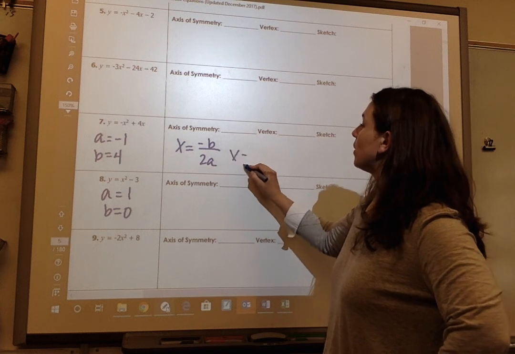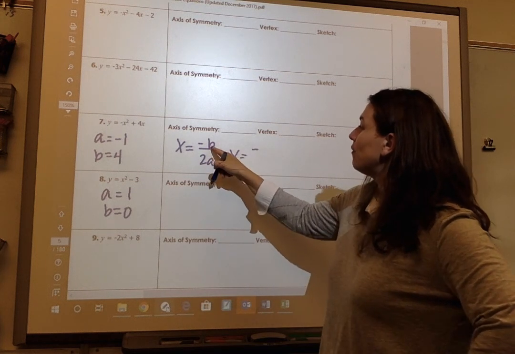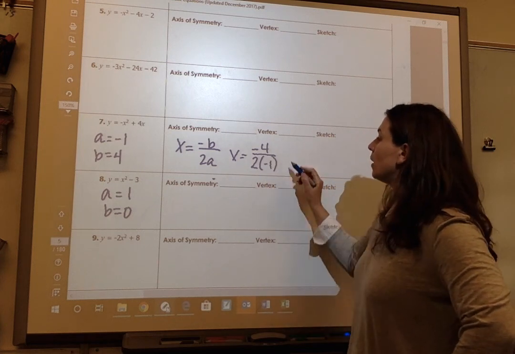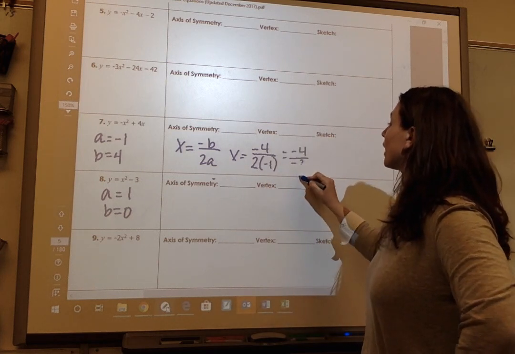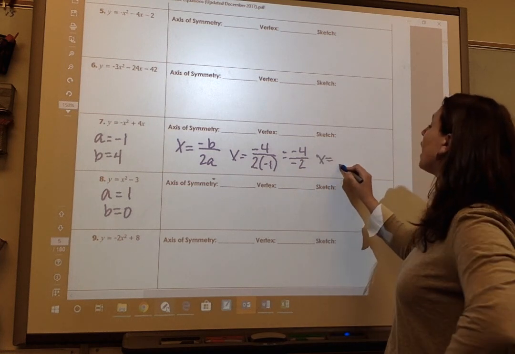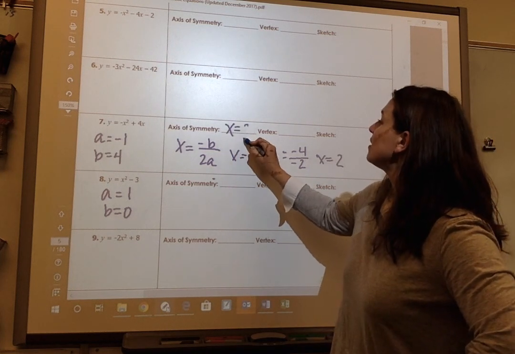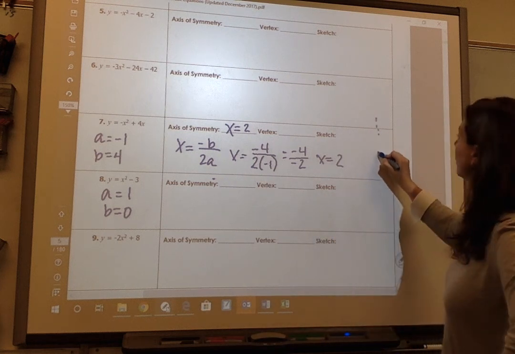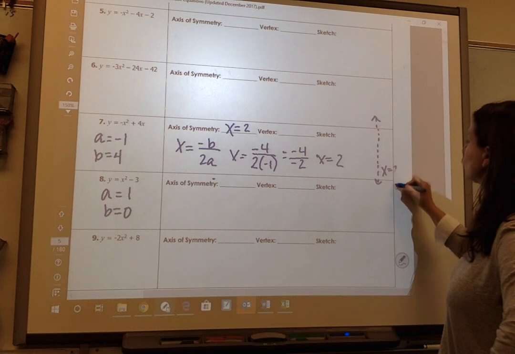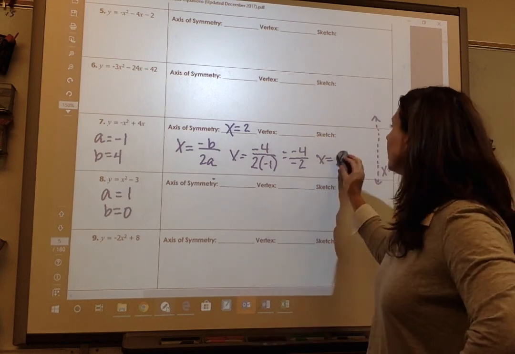So I'm simply plugging in values. Negative, my b value is 4, over 2 times negative 1. So I get negative 4 over negative 2. Negative 4 divided by negative 2 is x equals positive 2. So my axis of symmetry is x equals 2. My sketch here, dotted line, arrows on both ends, x equals 2. That's my axis of symmetry.